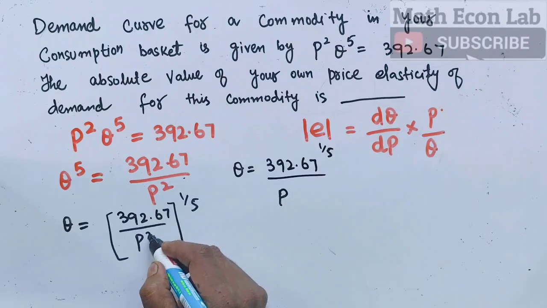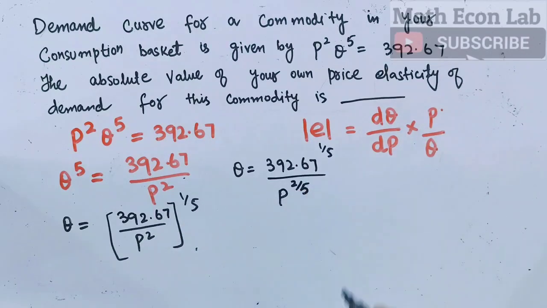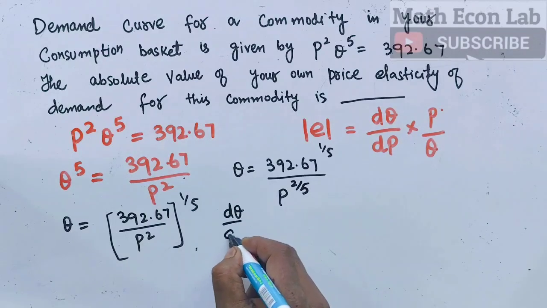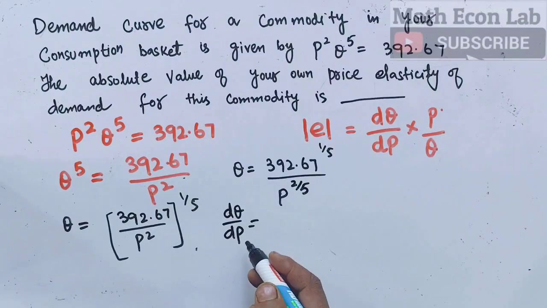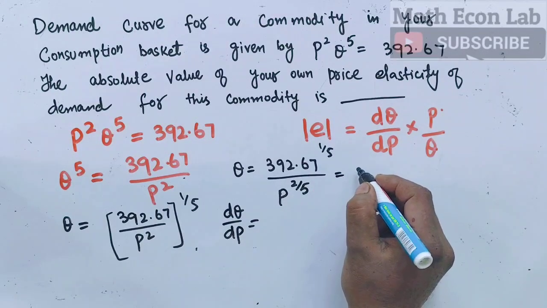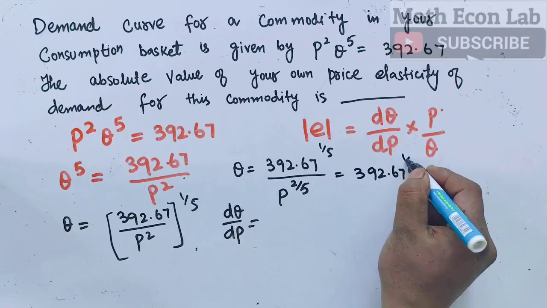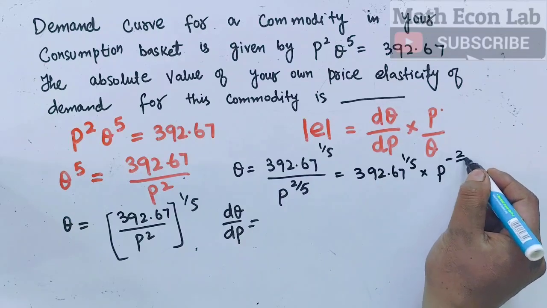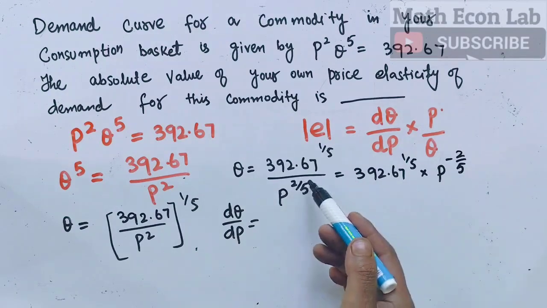So we have 2 into 1 upon 5, which becomes 2 upon 5. Now we can find dq upon dp. So dq upon dp will be equal to derivative of this function with respect to p. If I further solve it, I can write it like this, 392.67 raised power 1 upon 5 times p raised power minus 2 upon 5. Exponent sign changes when I transpose it.